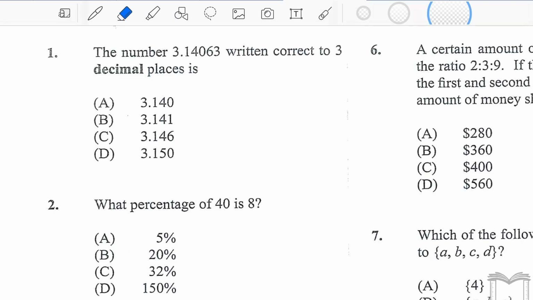Number 1. The number 3.14063 written correct to 3 decimal places is, and we can see the 4 answers here. So basically what we are doing is rounding off to 3 decimal places.